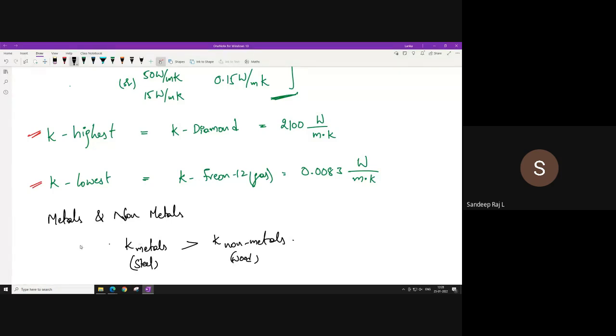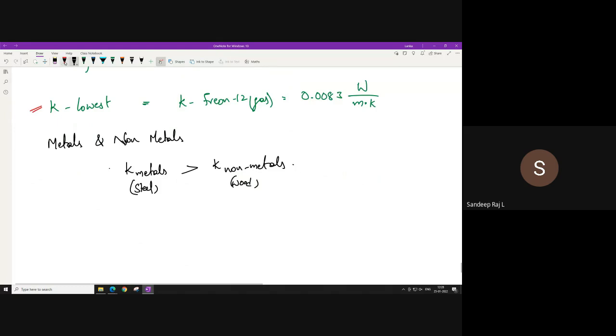Okay. So this is one thing, and one more thing within metals. We have to see the thermal conductivity of a pure metal.